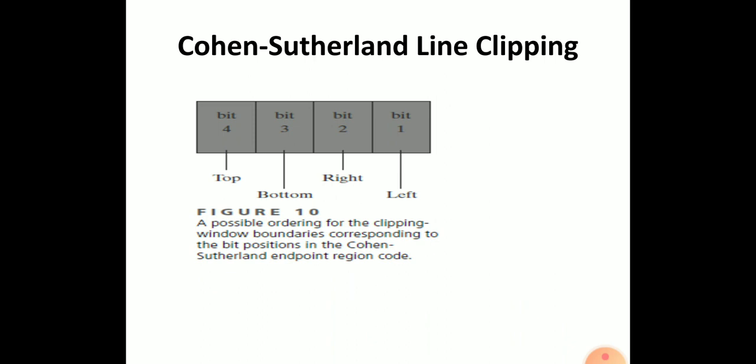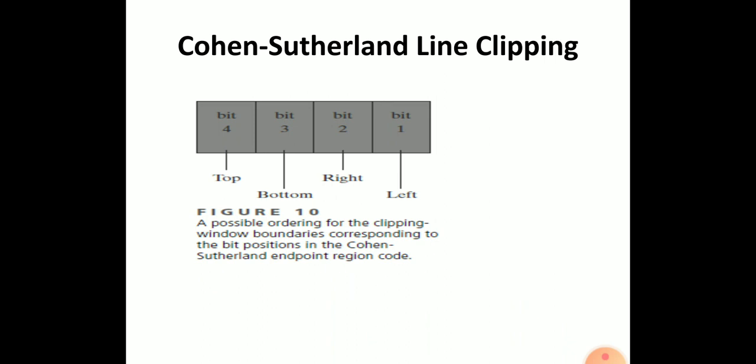Now, how does this Cohen-Sutherland line clipping algorithm work? It's very simple. Here we use something called region codes. Based on the region codes, it is decided whether the point would be rejected or accepted by the clipping window.